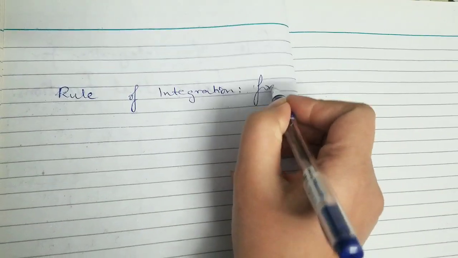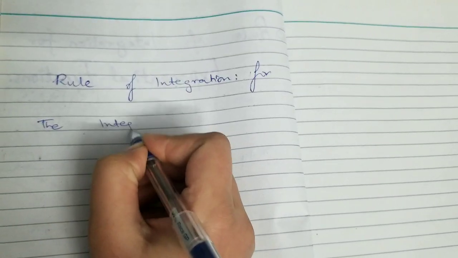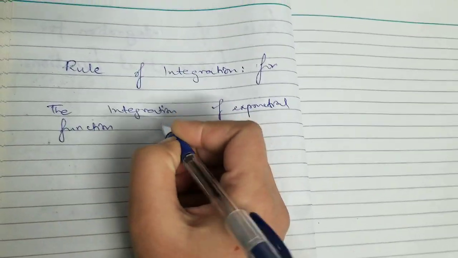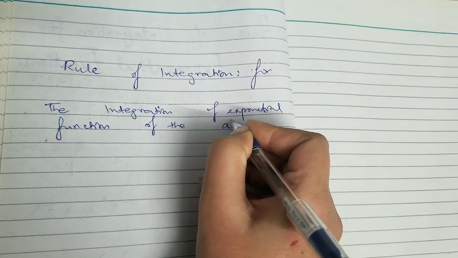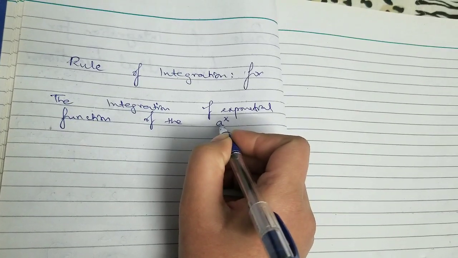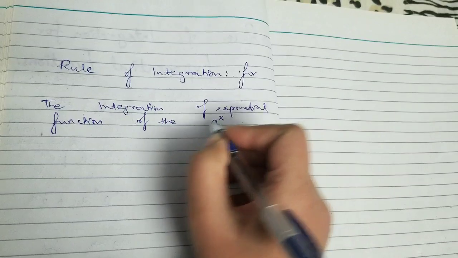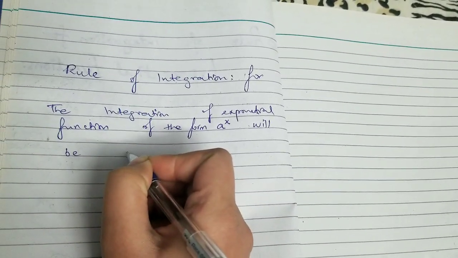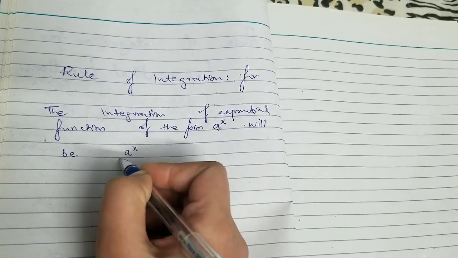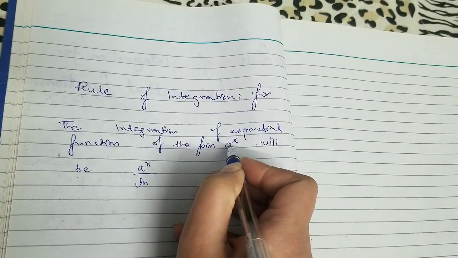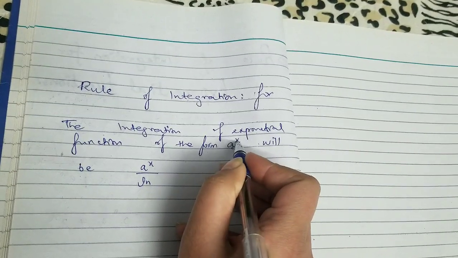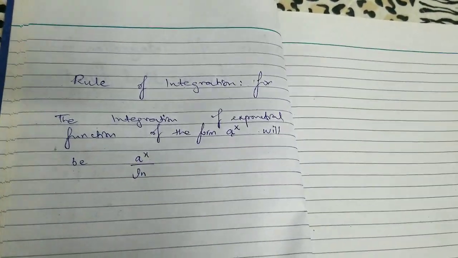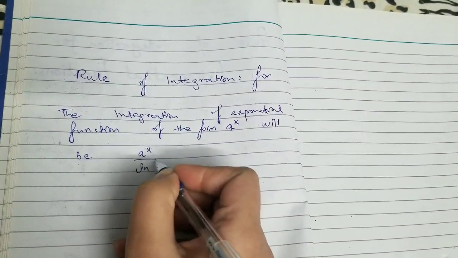The rule of integration for an exponential function of the form, for example, a to the power x, where a is any constant and x is a variable, is that the integration will be a to the power x, the exponential function itself, divided by the natural log of the base. The base here is a. a is called the base because it has an exponent, x, over it, and its integration will be equal to a to the power x divided by the natural log of the base.